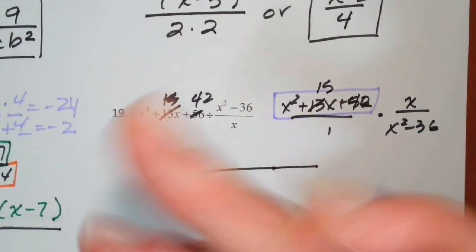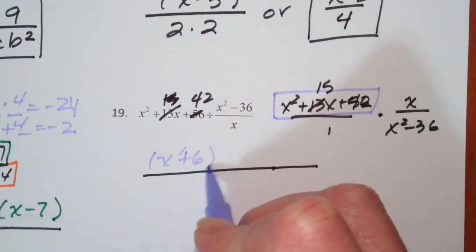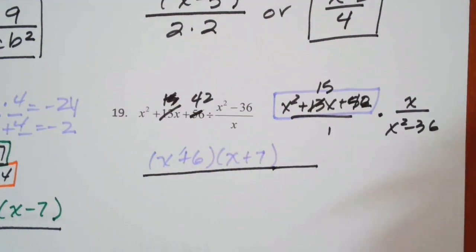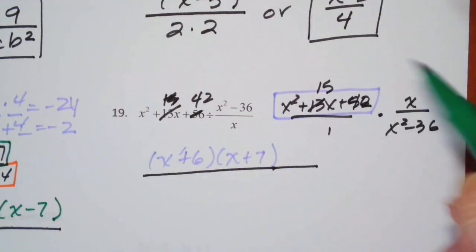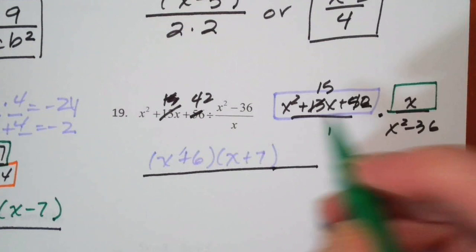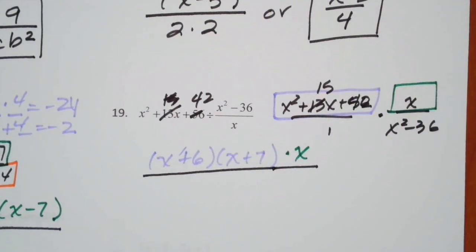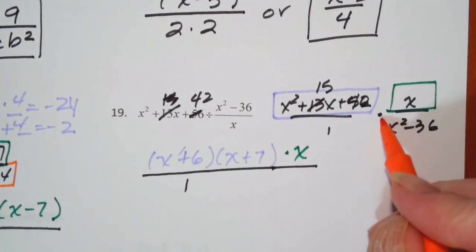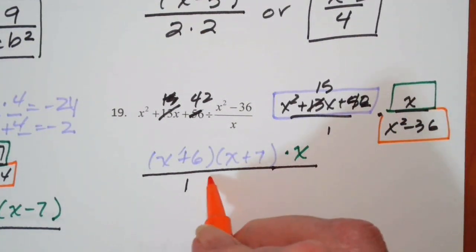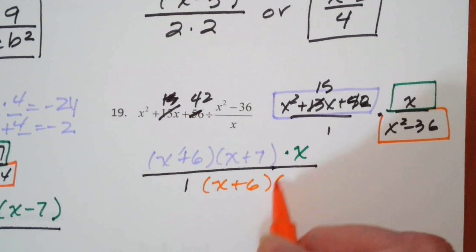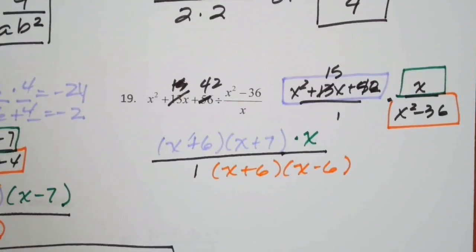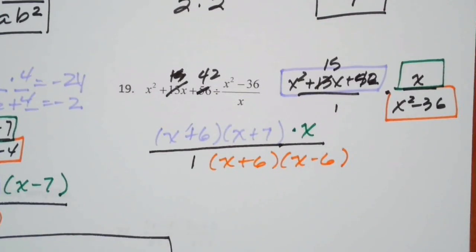Because I wanted it to be x plus 6 times x plus 7. And then, of course, times x over 1. And then this is a difference of squares, and it factors into x plus 6 times x minus 6. All right, so that's what I intended it to be. I'll have to fix that for you.